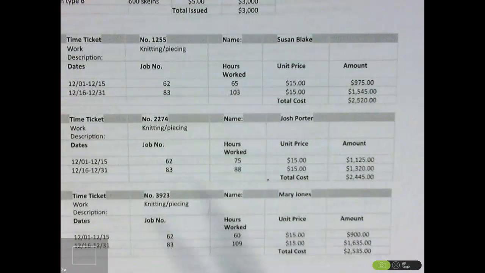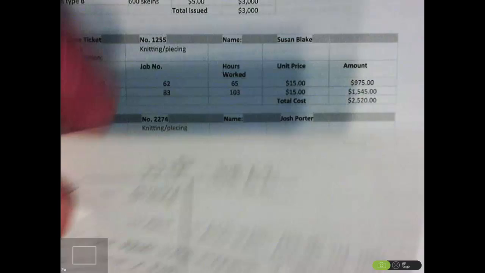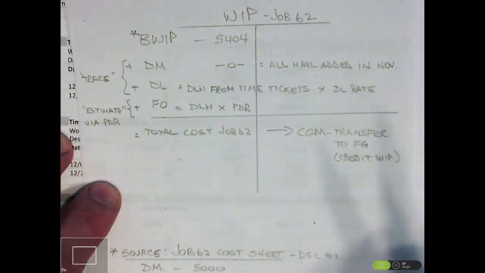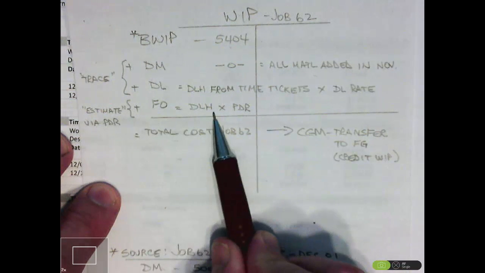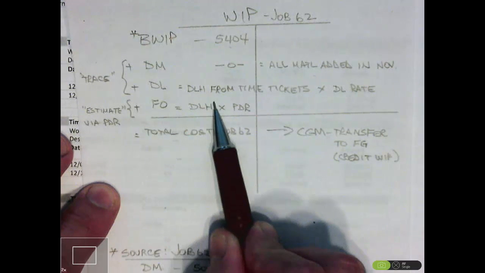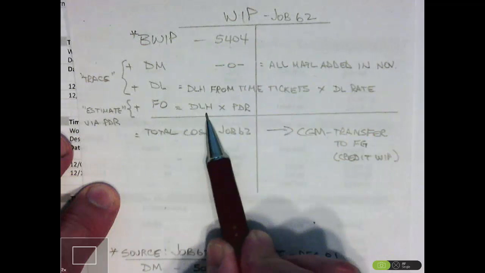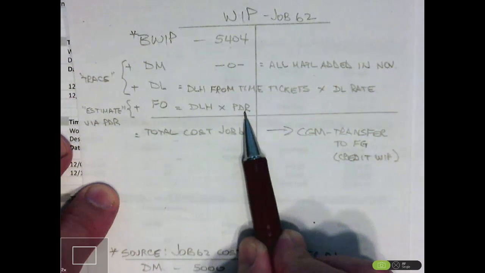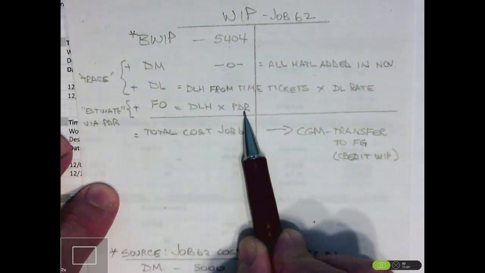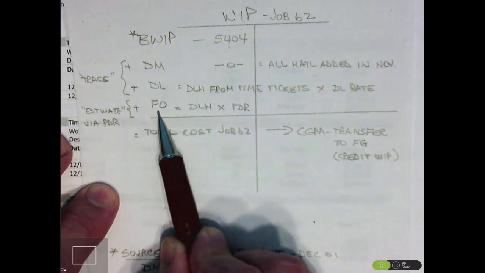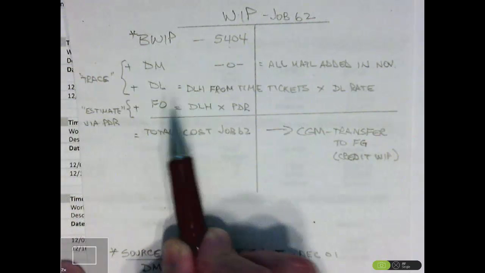To allocate or estimate how much factory overhead goes to specific jobs, you would take the cost driver, which in this problem is the direct labor hours, times the PDR that would be calculated at the beginning of the period to get the factory overhead that would be allocated.